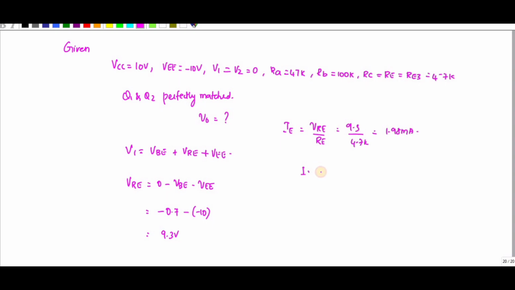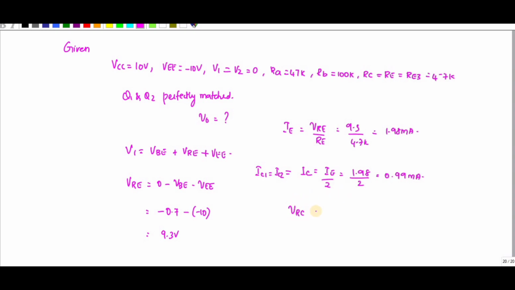So we know that IC is equal to IE by 2, right? So what is the IC value? 1.98 divided by 2, that is nothing but 0.99 milliamps. Okay, this is nothing but your IC1 and IC2. Okay, so if IC1 and IC2 values are given, I can take the VRC value.